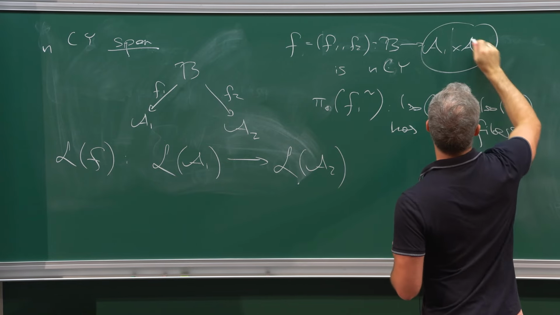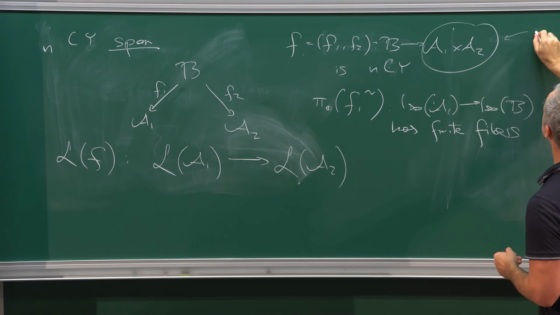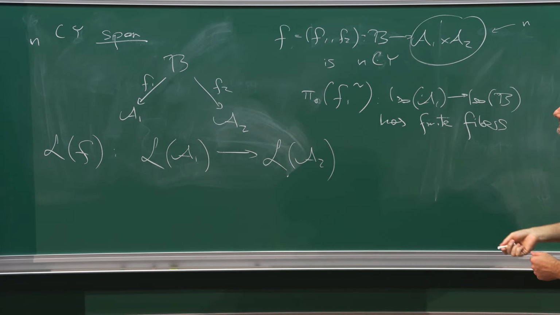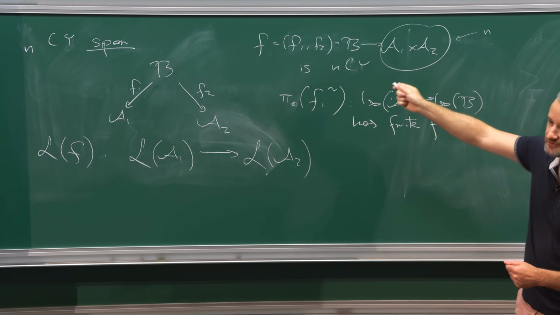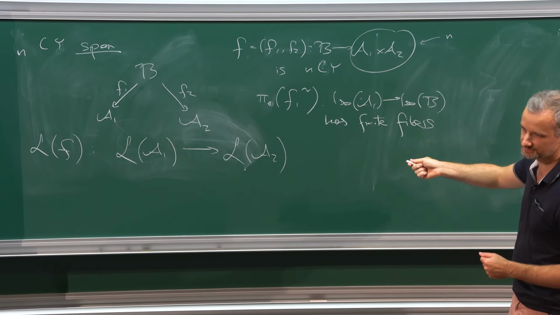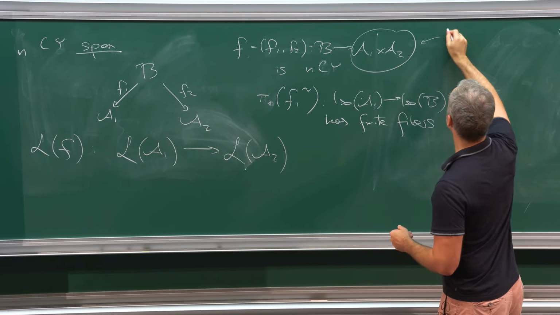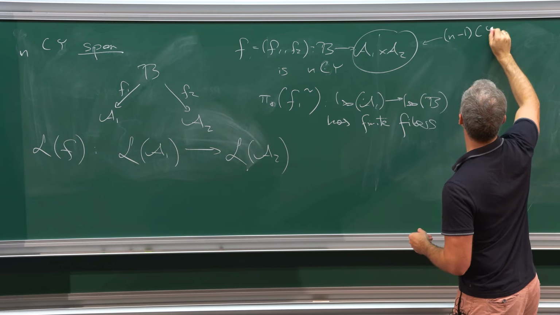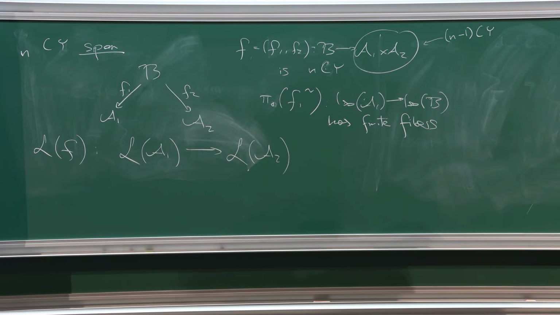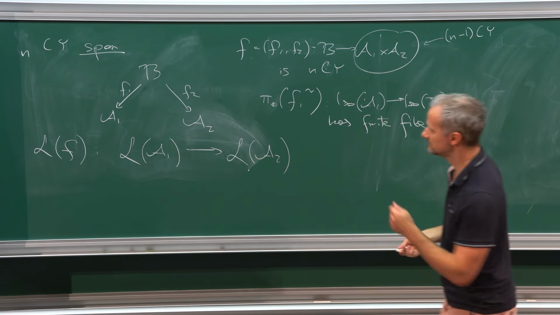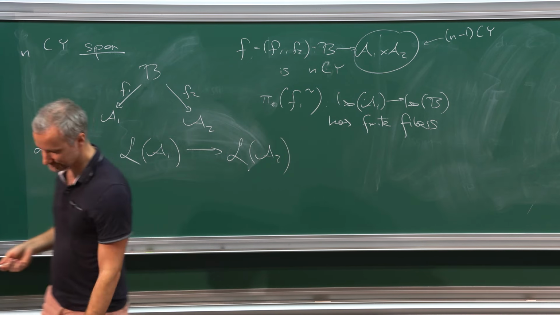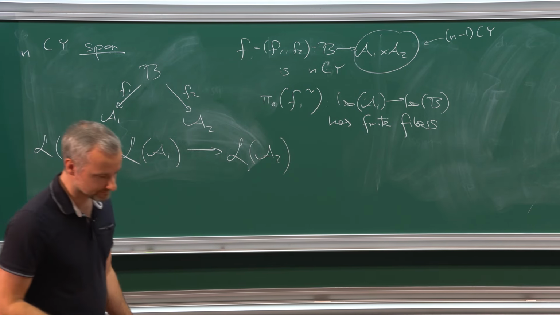So this here is the local system on a surface, like a local system on an even-dimensional manifold with boundary. Okay, so this will be n minus 1 Calabi-Yau.